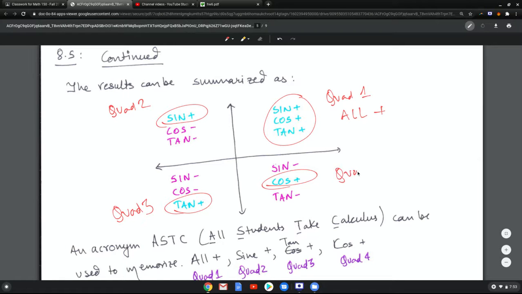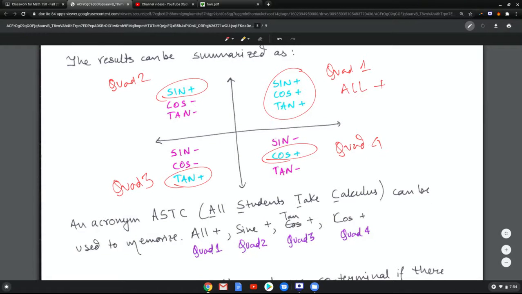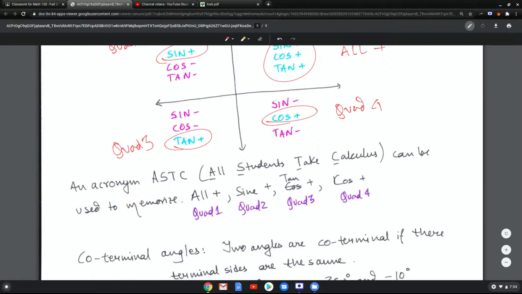And quadrant 4, we have cosine positive. So if you remember which ones are positive, you automatically know that the remaining ones are negative. You can use the acronym ASTC, all students take calculus, and you can memorize to say all positive, sine positive, tan positive, cosine positive in each of the four quadrants.